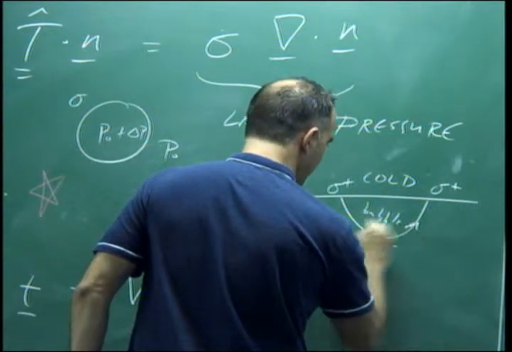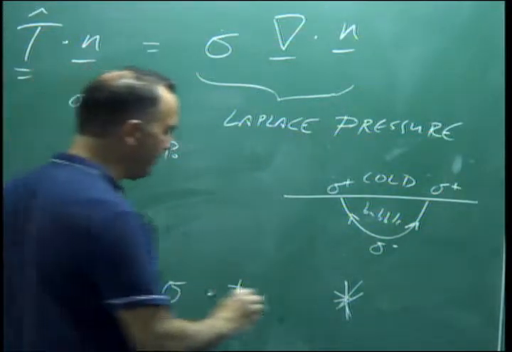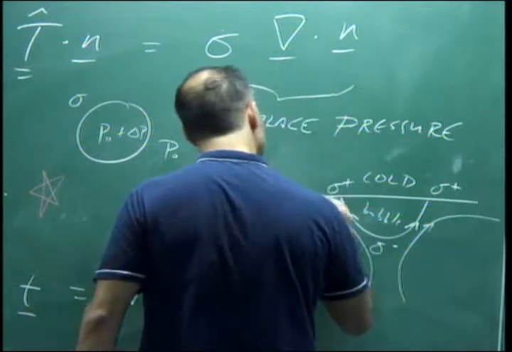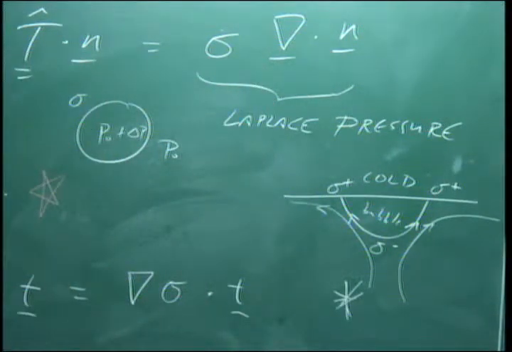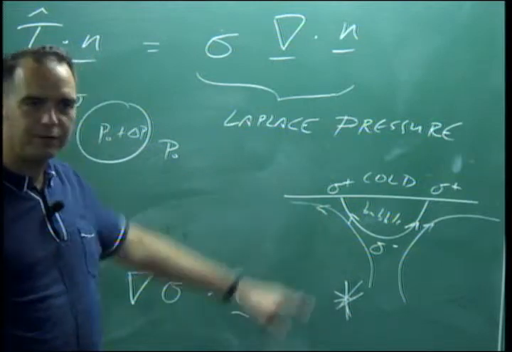So there's going to be a gradient in surface tension. That can only be balanced by viscous stresses, so it has to drive flow, and you'll get a flow which looks like that. It's impossible to have a static situation, although you see your bubble sitting at the top surface of your coffee, and you won't necessarily see the flow. There has to be flow if you have a gradient in surface tension.